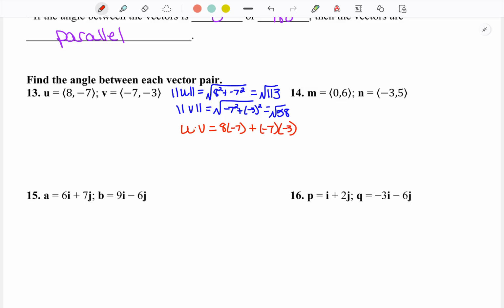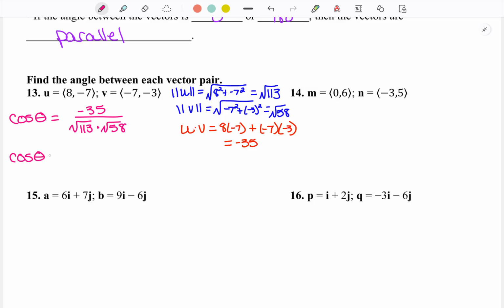And so that dot product is actually going to be -35. So now we're going to put this all together with our cosine. So cosine theta equals -35 over the square root of 113 times the square root of 58.